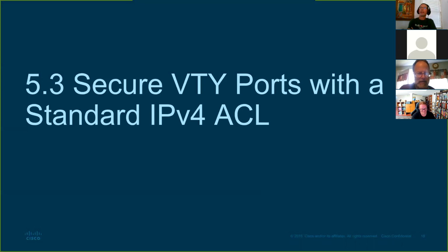Because when we remotely access a device, router and or switch, that router could have 10 interfaces on it. And I can telnet, SSH, whatever, to any one of those 10 IP addresses.